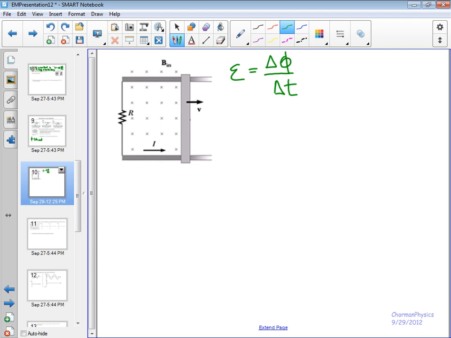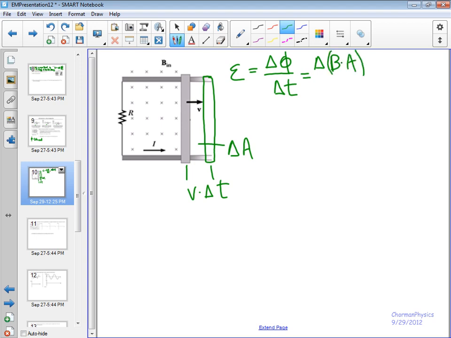So if we consider this little wire moving here, when we move this wire forward, or this rail, whatever you want to call it, what we have here, this little thing right here, is a delta A. We have a change in area, and the distance that this guy moved is just going to be equal to v times delta t. Remember, phi is just the same thing as B times A times cosine theta. Right now we're assuming that the angle between the normal of the area and the magnetic field is 0, so we're just going to drop the cosine theta, all over delta t.